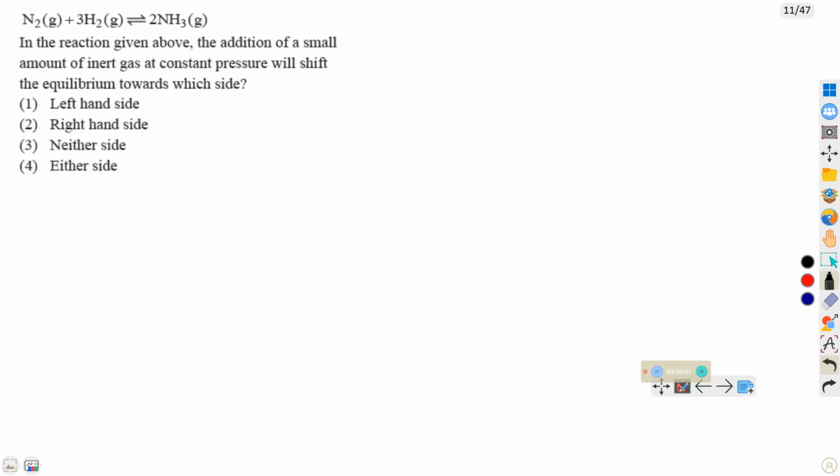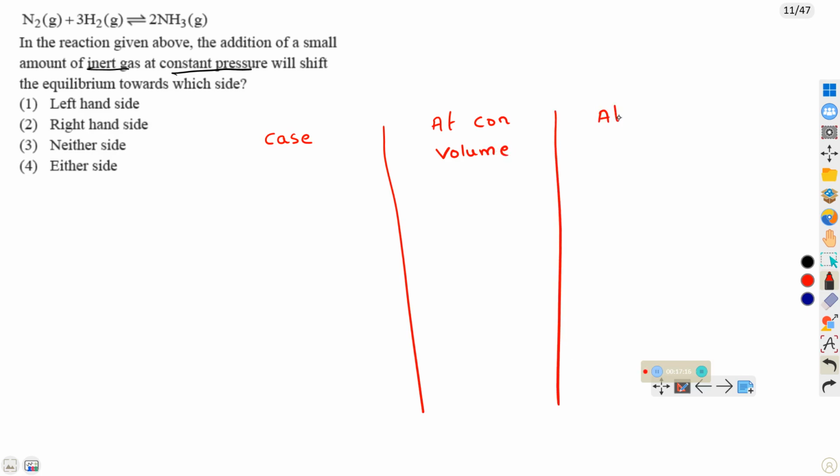N2 plus 3 moles of H2 gives rise to 2 moles of NH3. In the reaction given above, the addition of a small amount of inert gas at constant pressure will shift the equilibrium towards which side? Remember, first calculate the value of delta N. Addition of inert gas at constant volume, at constant pressure.